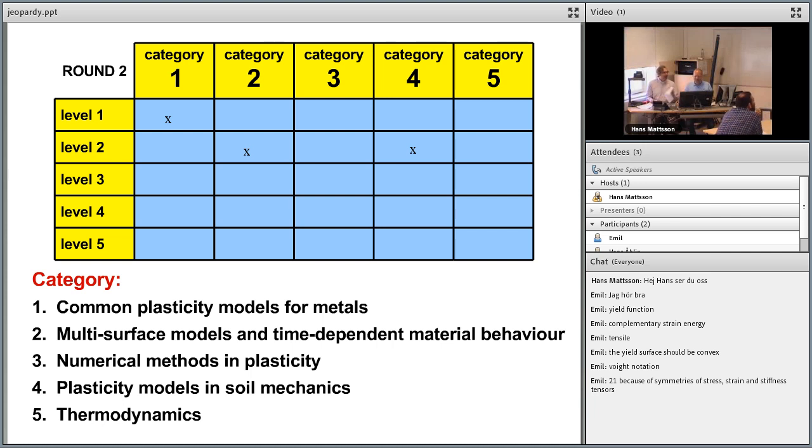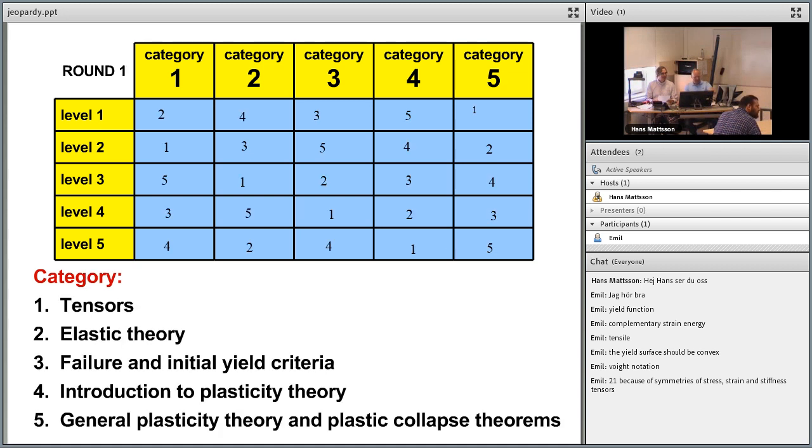Category 5, level 5. What is the unit of the Helmholtz free energy state function? Emil is not typing. They haven't screamed.